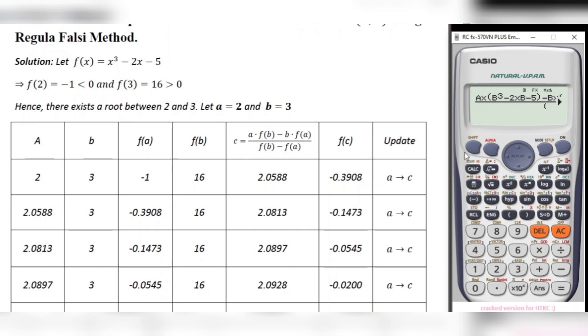F of b is again b cube minus 2 into b minus 5, minus f of a, which is a cube minus 2 into a minus 5.